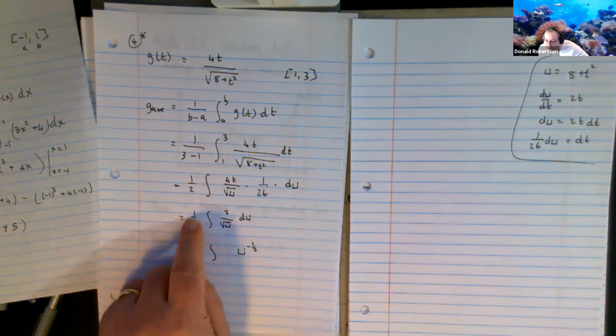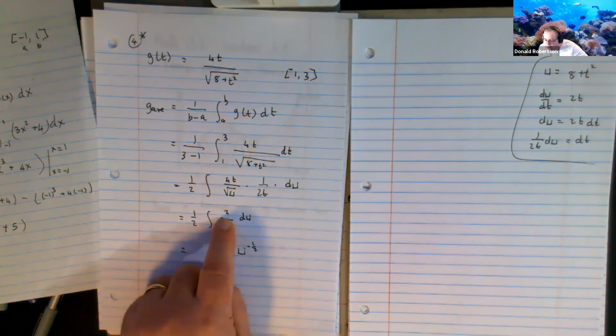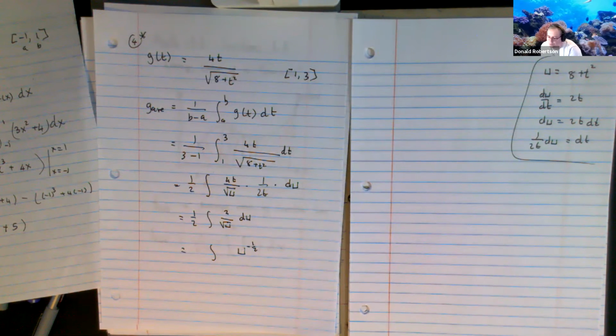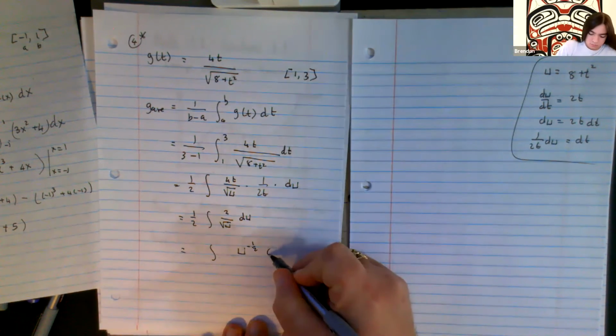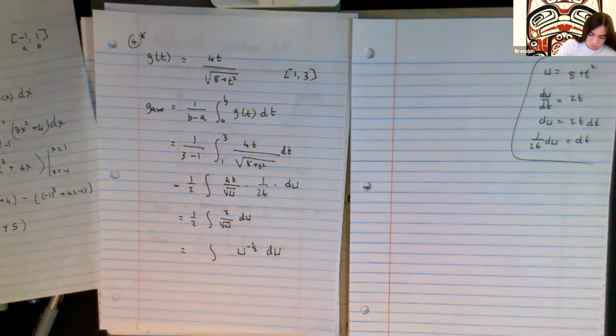Right, this half on the outside, doesn't it interact with this 2 on the top? And when you put them together, what would they become? A half times 2. Right, 1. So, guess what? They came out quite nice.